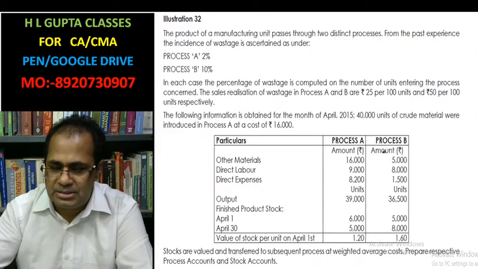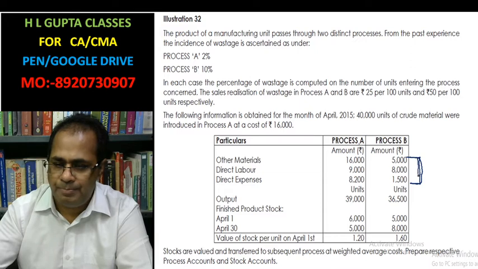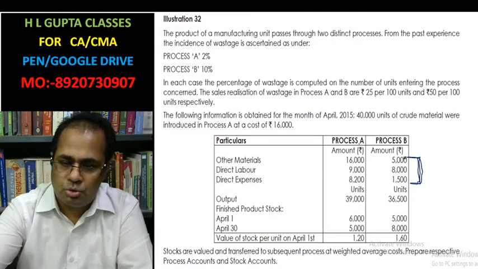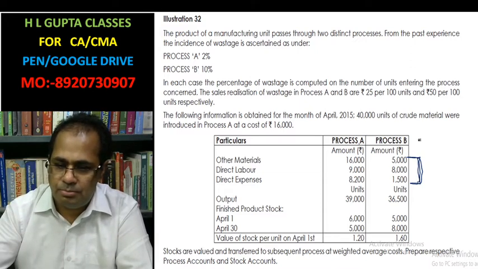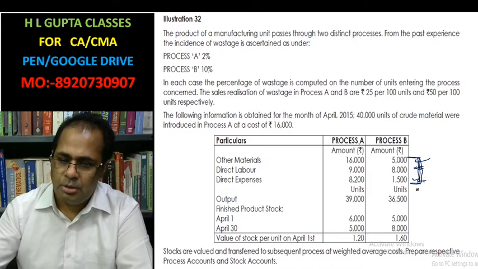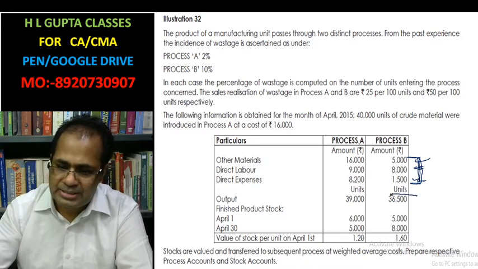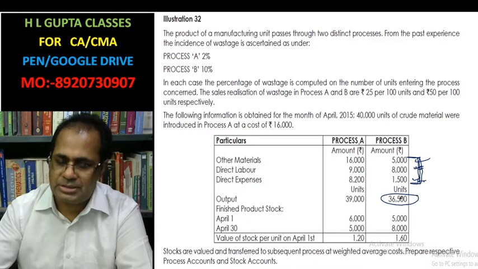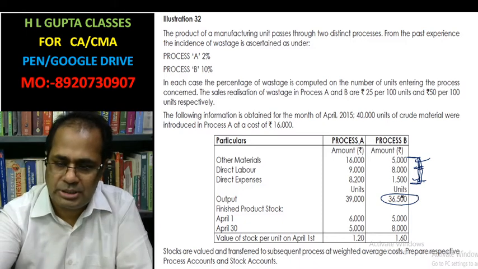These are the additional cost. Other material, these are the additional cost incurred. Okay. To other material 5,000, to direct expenses 8,000, to 1,500, to direct labor 8,000. Okay. Output is your 36,500. Please try to understand in this case.